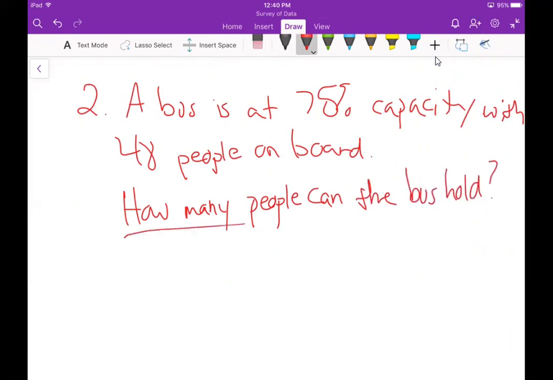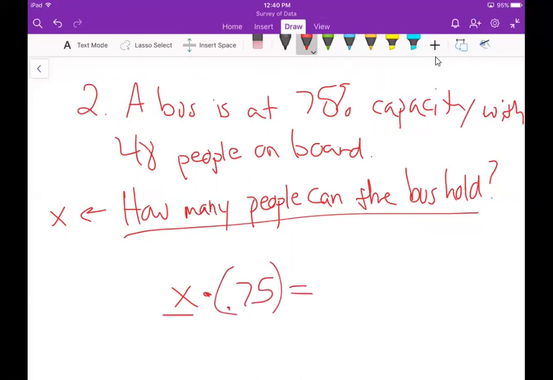So again, I'm looking for the total number of people the bus can hold. So I don't know the total, that's going to be my x. My total times my percentage of 0.75, okay, should be what 75% of my total is. 75% of my total is a 75% capacity, and that is the part, which is 48.